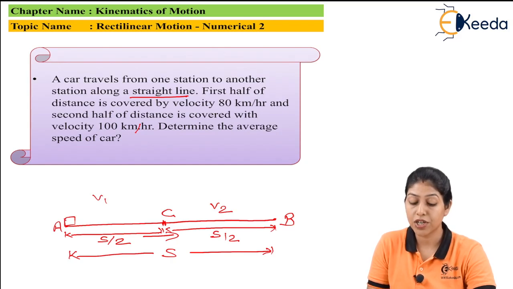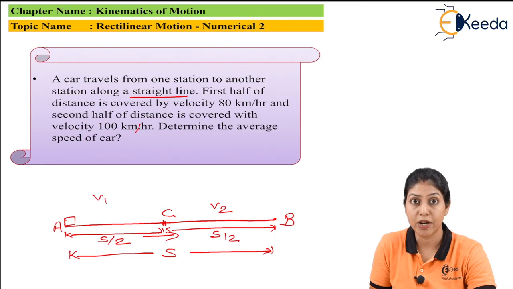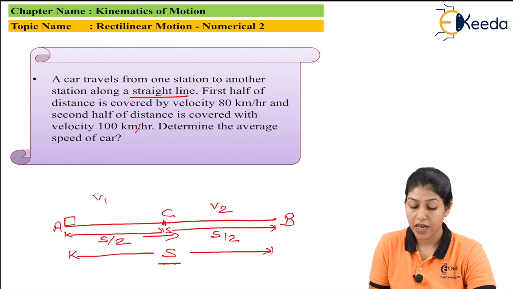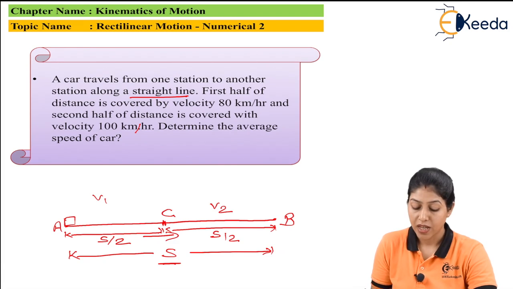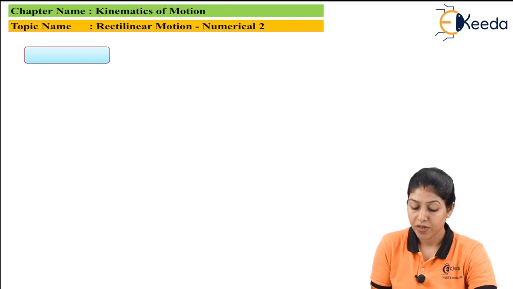For this condition, we have to determine the average speed of the car. The distance between A and C is S by 2, and the distance between C and B is S by 2. So we have the velocities for the two halves, and the distance S for the total path, and S by 2 and S by 2 for the two halves.